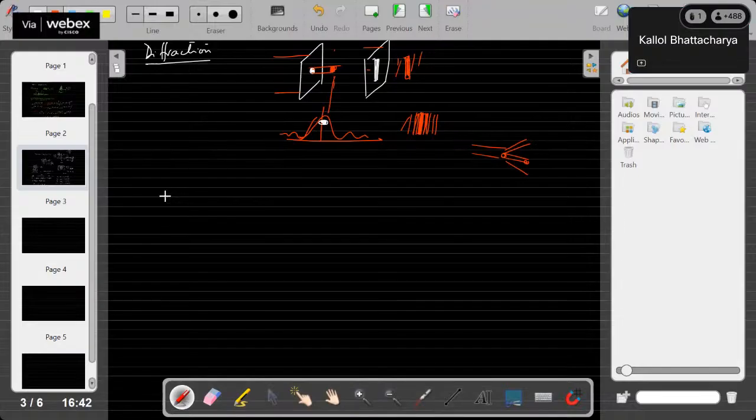Okay. It can be shown from the diffraction equation, let's start with a grating, okay? Let us say we have a grating here, and a parallel beam of light illuminating the grating.